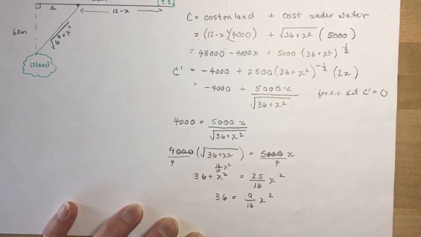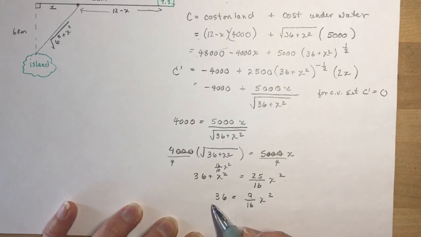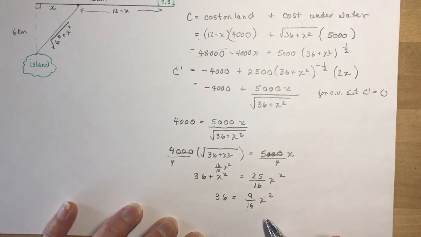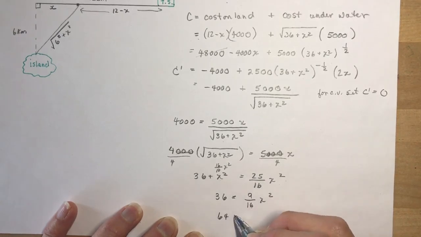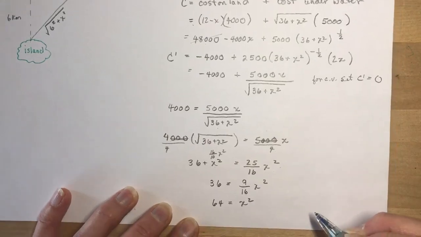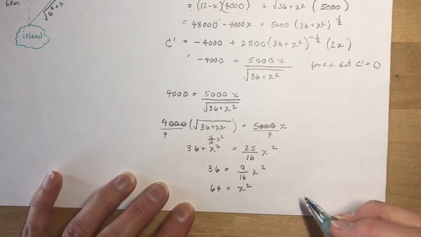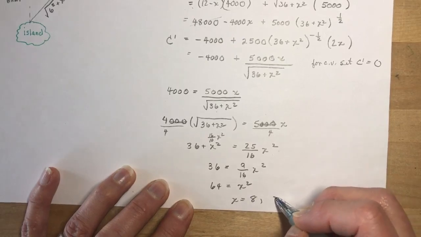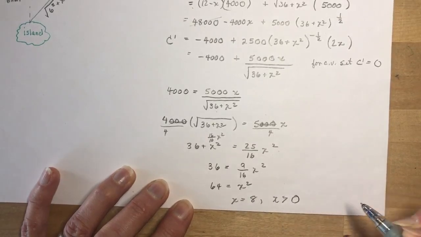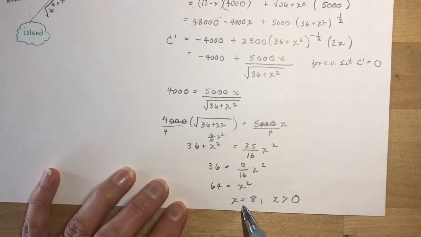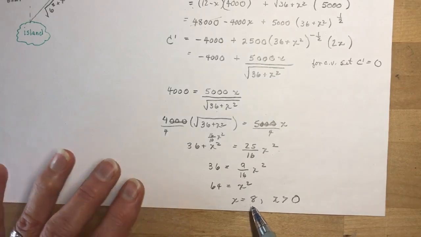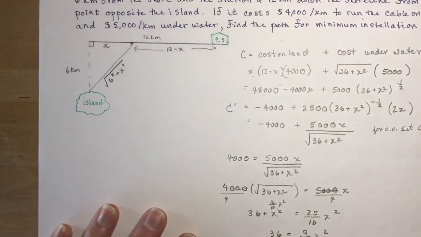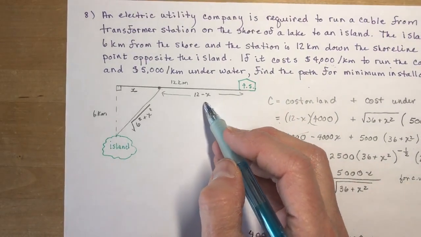And then I'm going to multiply 36 by 16 over 9, 9 over 4 is 64, right? So it's going to be 64 is equal to x squared. Oh, this one divided out nicely, right? So x is equal to 8, x is greater than 0, so I'm not, again, putting in the negative. So that means you should go underground. Let's go back here. So I know my x is 8.